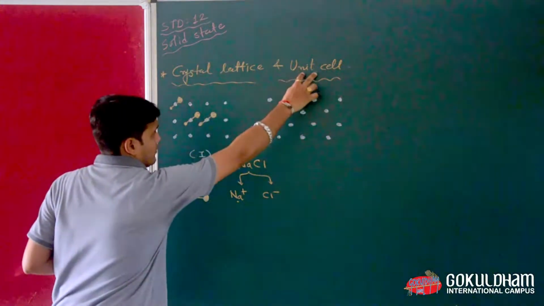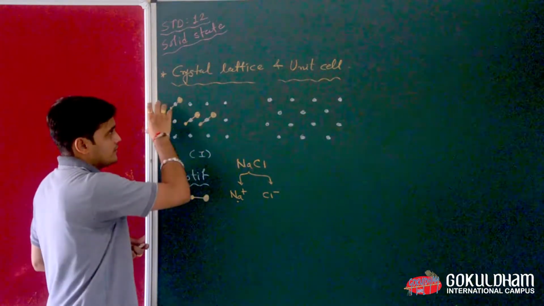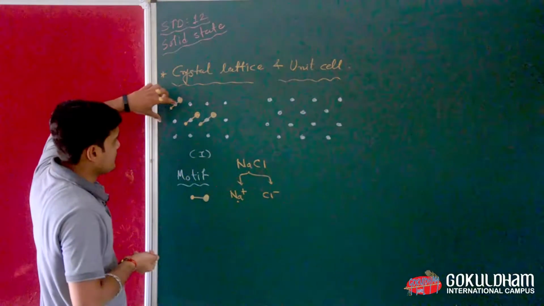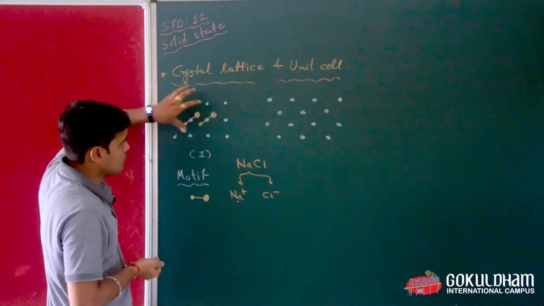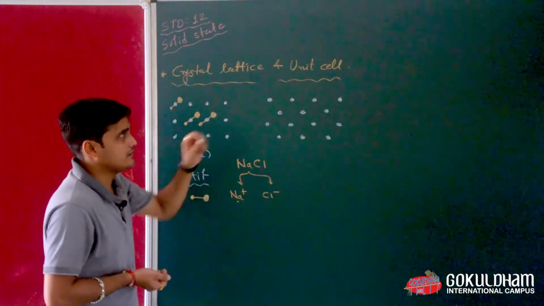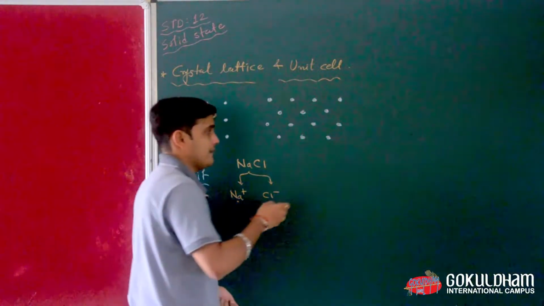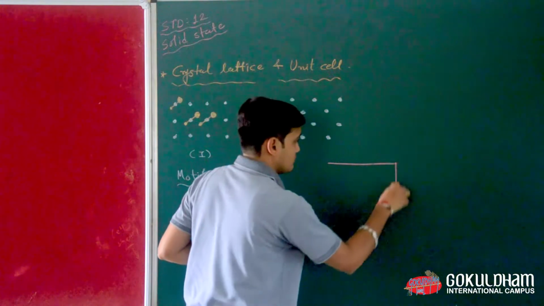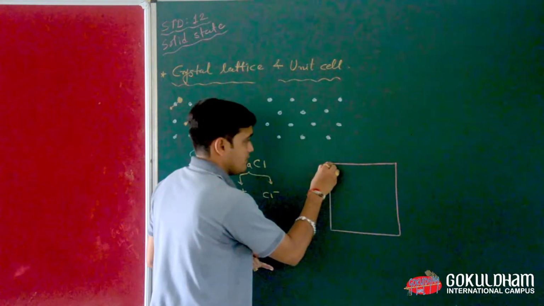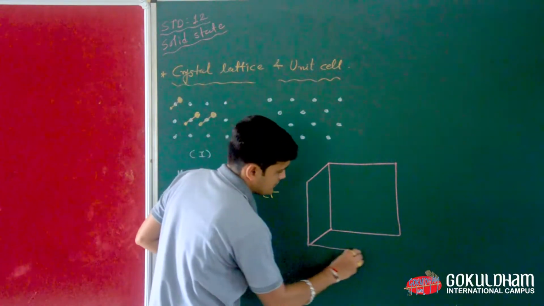And what is the meaning of unit cell? There are a number of motifs generating the pattern, but you take only one section. Suppose from the whole lattice you take any small part, which is known as a unit cell. This unit cell is represented by this simple cubic cell structure.